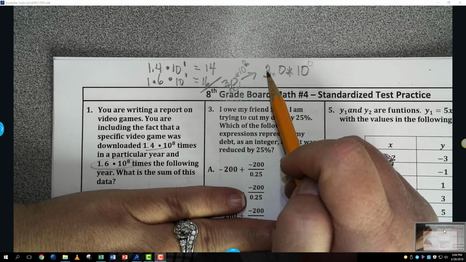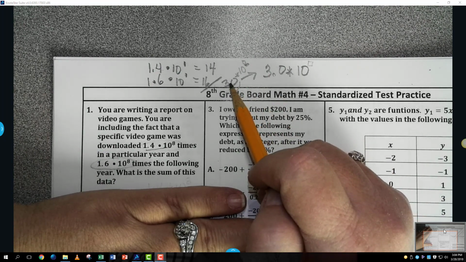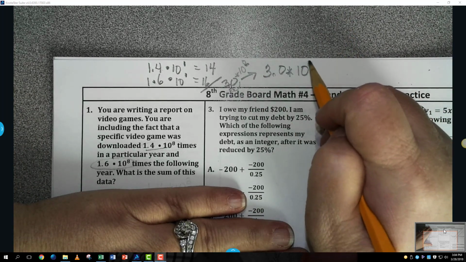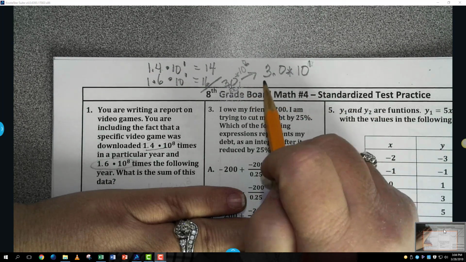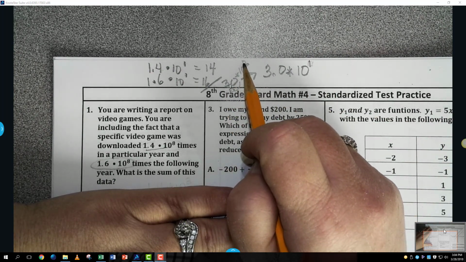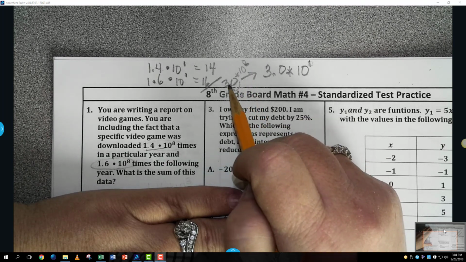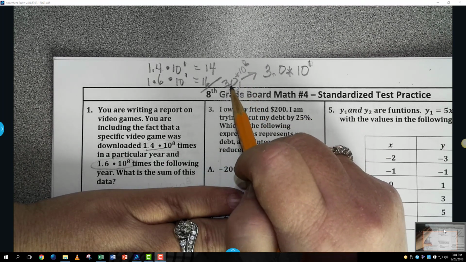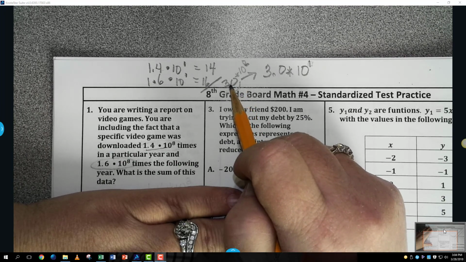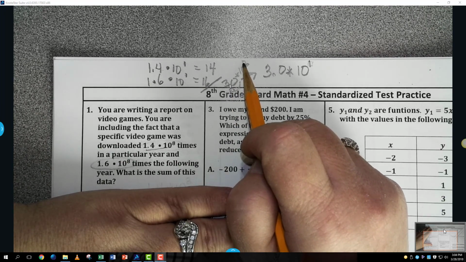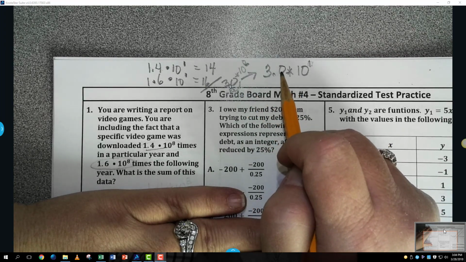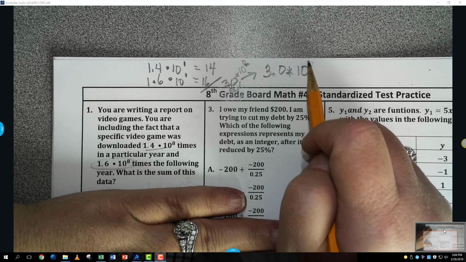I can do it by multiplying it by 10, so that would be 10 to the first. In other words, I took 30 times 10 to the power of 0, and I changed this 30 into 3. I made this smaller, so I needed to make this bigger. So that would be 3 times 10 to the first.